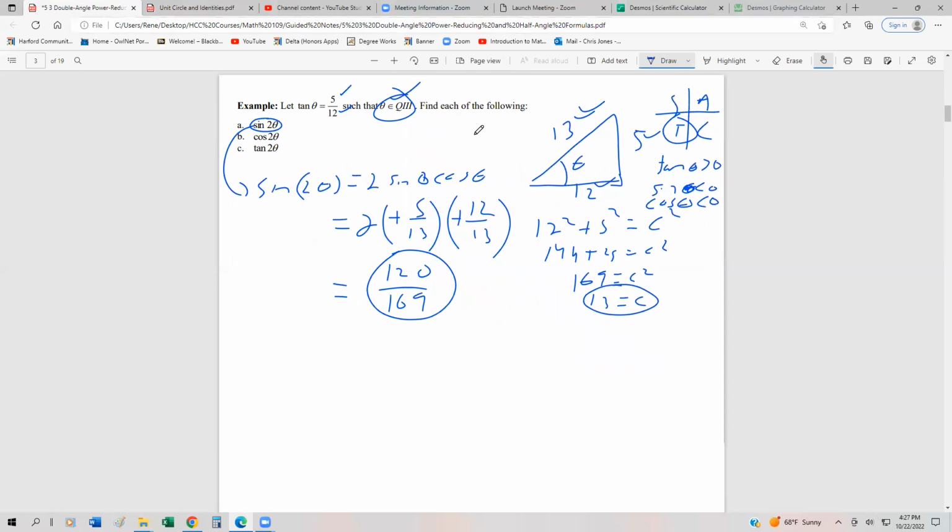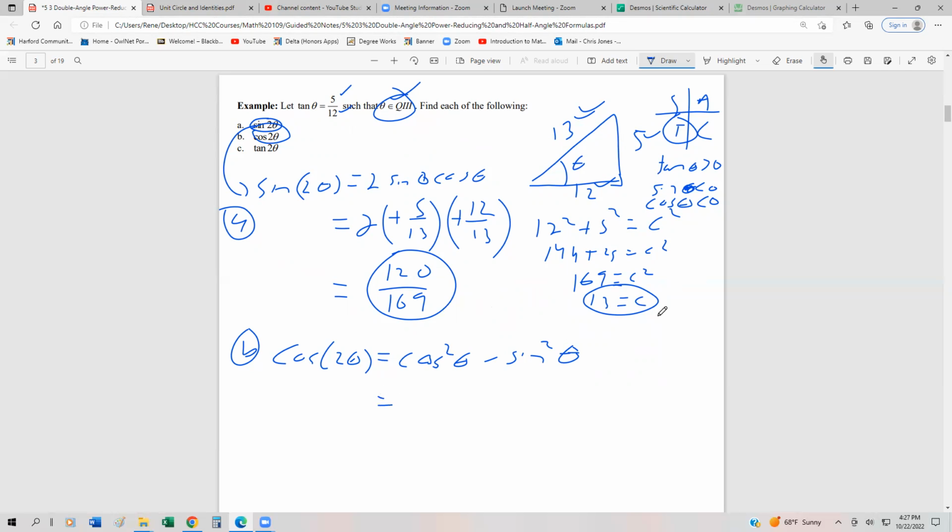Secondly, if I want to find the cos of 2 theta, remember, we have 3 formulas. I'm just going to use the cos squared theta minus sine squared theta formula. I do that because I know when we get a common denominator, it'll be easier than dealing with the 1.